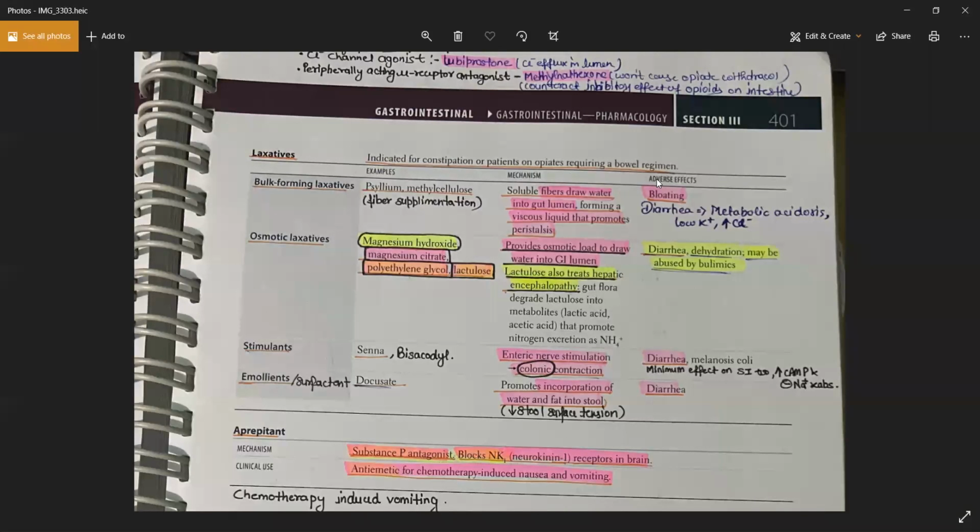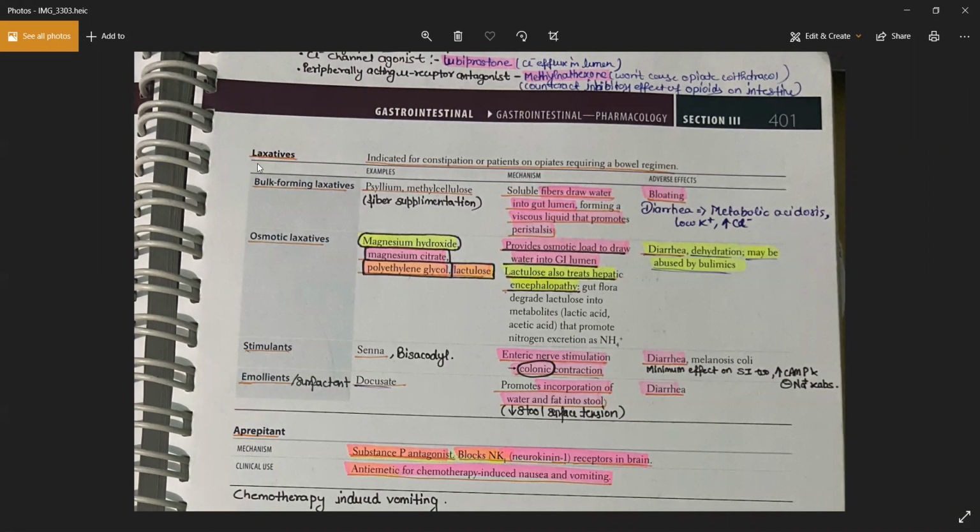If you give the patient opioid therapy for pain relief, then you know that opioids can cause constipation, and you cannot just give other drugs other than these laxatives because they can cause further side effects. So laxatives are mainly given for opioid-induced constipation and other causes of constipation.